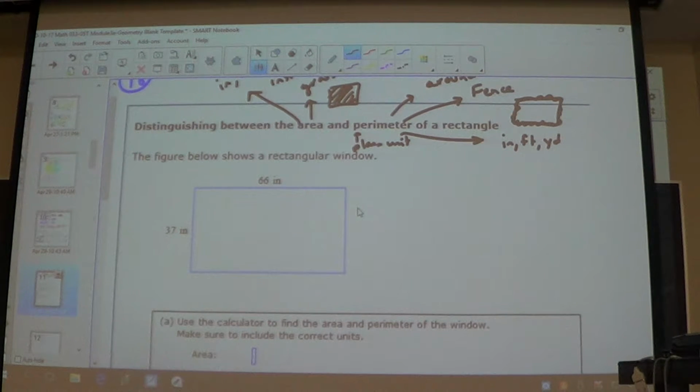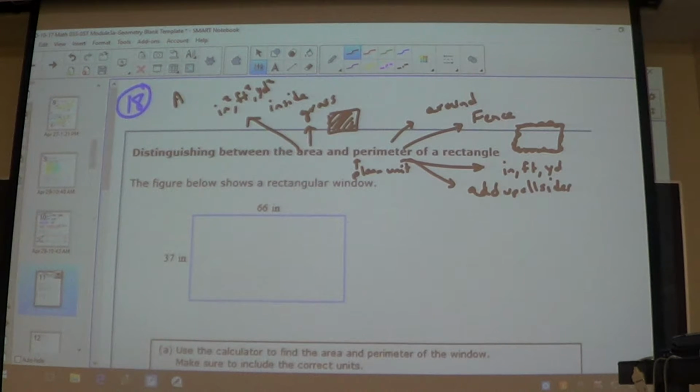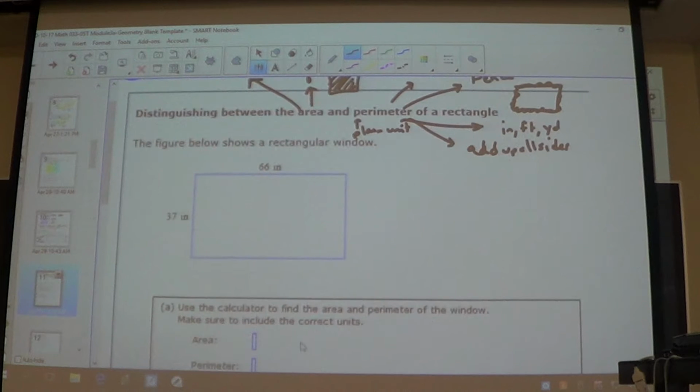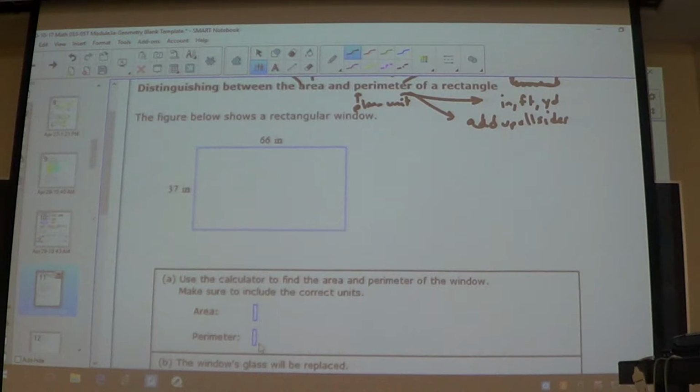Now, when you're doing perimeter, you're going to add up all the sides. When you're doing area, you're going to do length times width. Now, for this problem, sometimes they'll ask area first and sometimes they'll ask perimeter first. So they may do area then perimeter, and then they may do perimeter then area. So for area, we're going to do length times width. For perimeter, we're going to add them up.